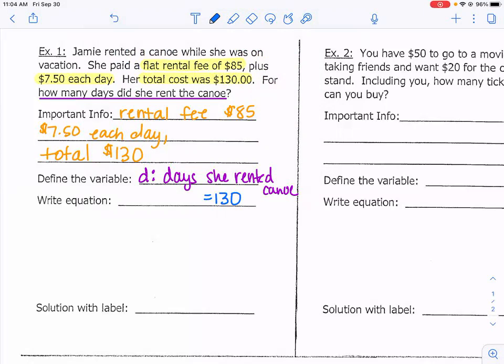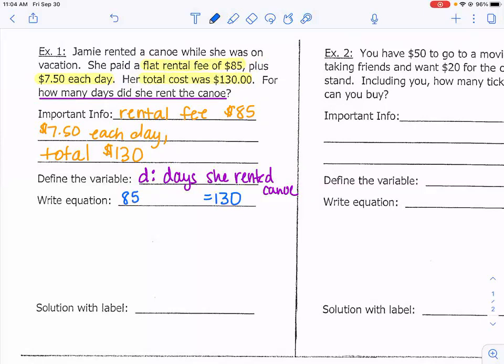Okay. $85 and then the $7.50. Which one of those is the constant? It doesn't change. What doesn't change? The 85. It's always 85. The rental fee is $85, but then she also has to pay $7.50 per day.